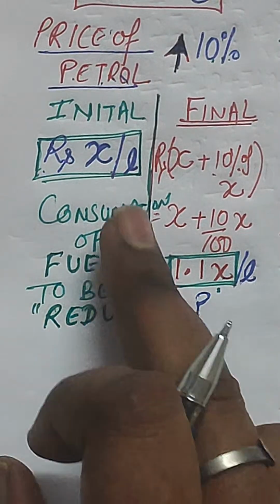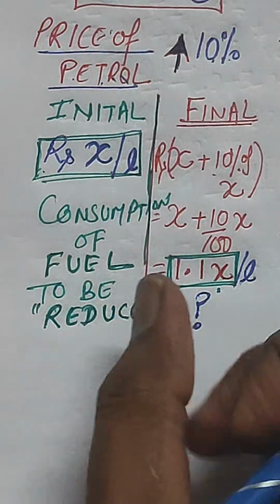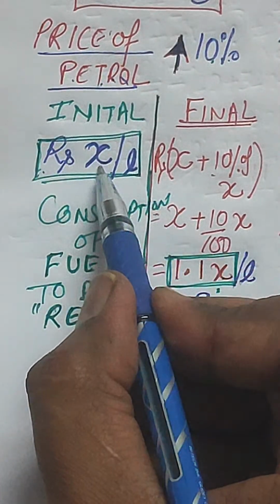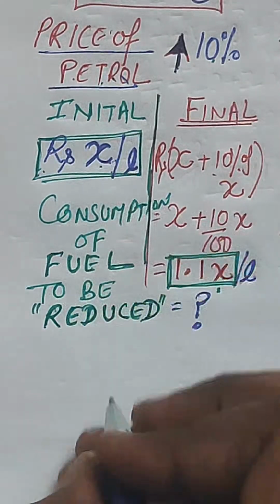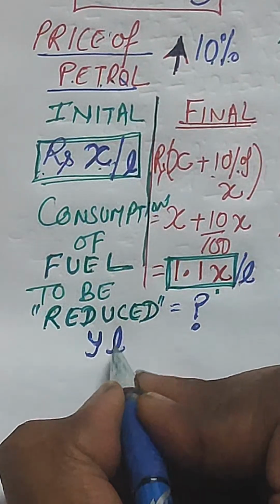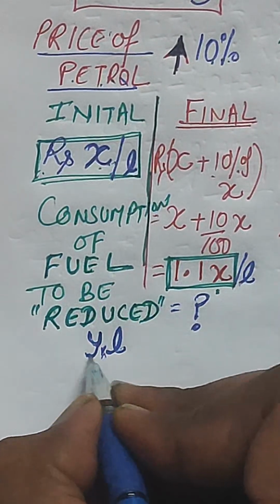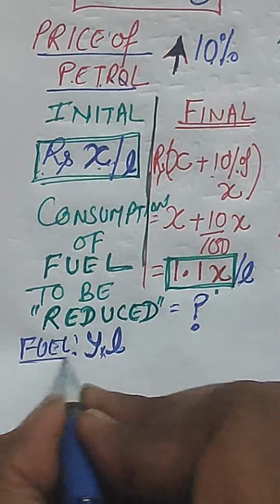Now consumption of the fuel to be reduced by, suppose we were using y liters earlier, right? Y liters of fuel is used earlier.